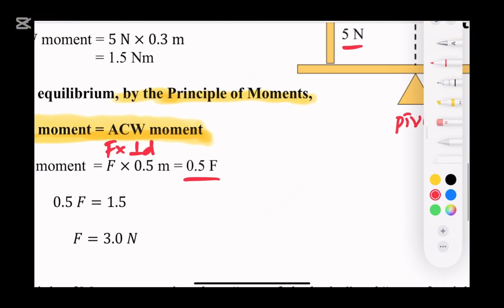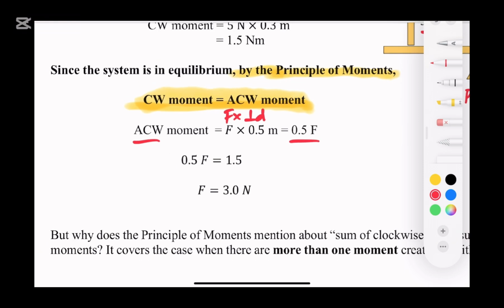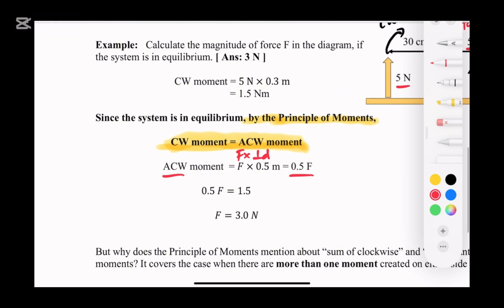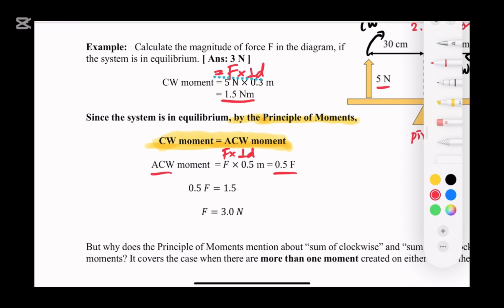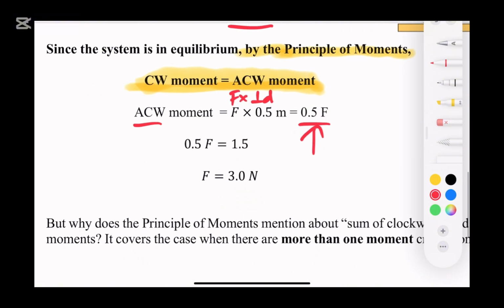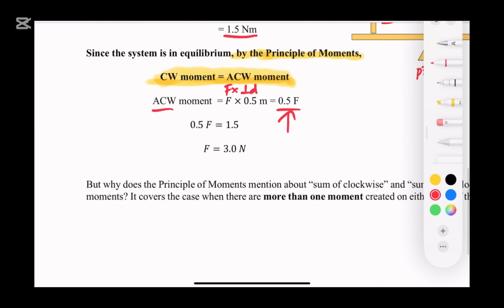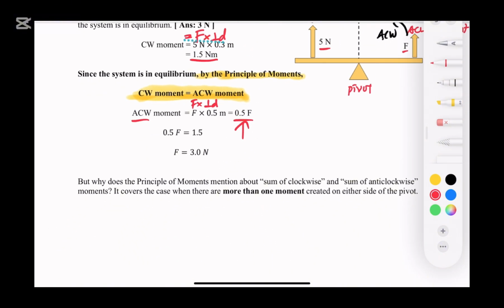So that is the ACW moment. For the CW moment, we have again force multiplied by perpendicular distance, and we get 1.5 Newton meters. So this 1.5 Newton meters should be equal to 0.5 times the unknown force. From there, you can back calculate the force to be 3.0 newtons.